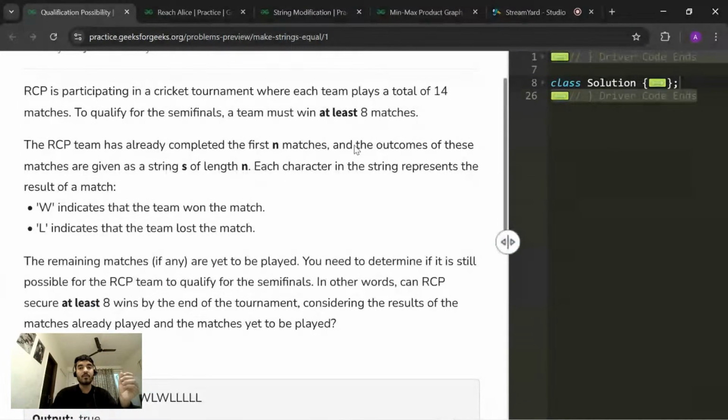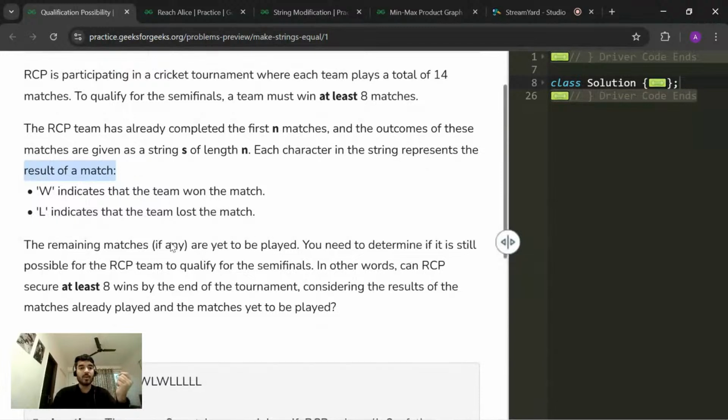The outcomes of these n matches are given in the form of a string of length n, and each character in the string represents the result of a match. W simply means the team RCB won the match, and L means the team RCB lost the ith match. The remaining matches, if any, number 14 minus n.